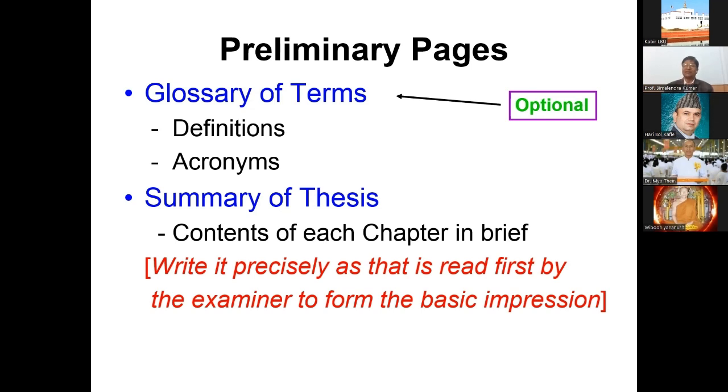But in the thesis, generally it is supposed that after the contents page, there is some glossary of the terms, the definitions, and the acronyms. It is not compulsory, it is optional. If you wish to explain some of the technical words, you can explain in one or two sentences, not more than that, because the persons who are more interested in those terms can go inside the thesis also.